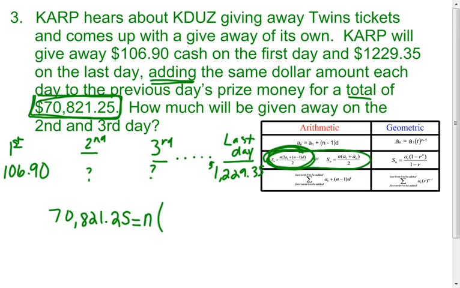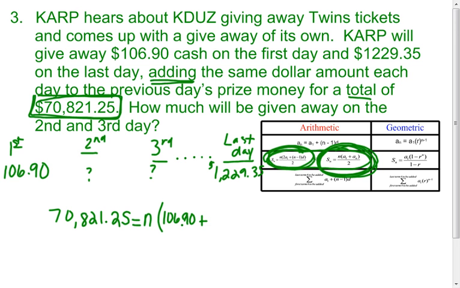I know that the first term is $106.90, sorry. Actually, I'm lying to you. I'm not using that formula. I'm using this one, aren't I? Okay, I'm using that one. The first term is $106.90. It starts off the same way, so we're all good.